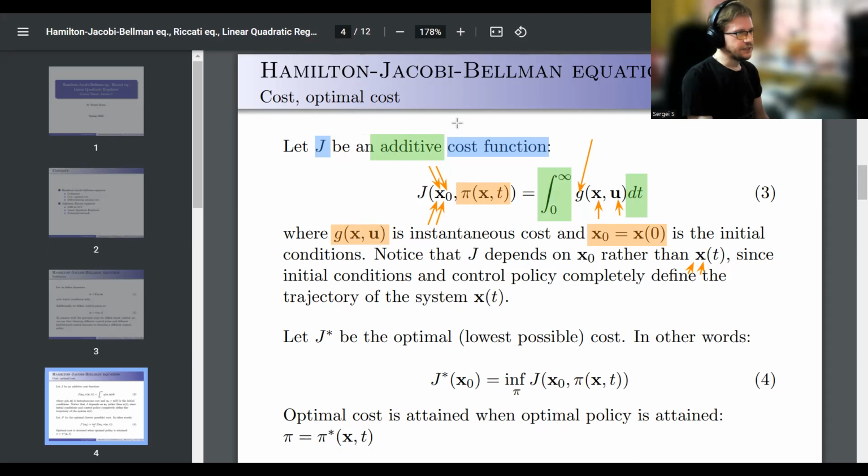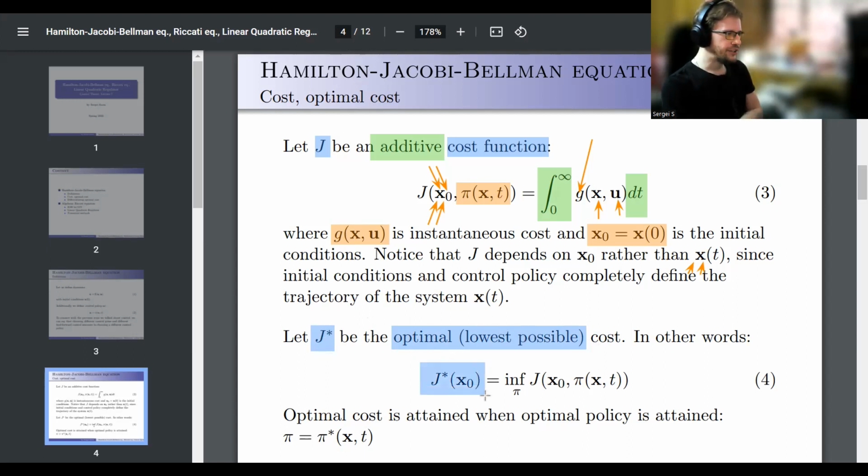All right. Now let us talk about the optimal cost, J star. Star will denote optimality for this lecture. So there's the optimal, lowest possible cost. J star now will only depend on x of 0.